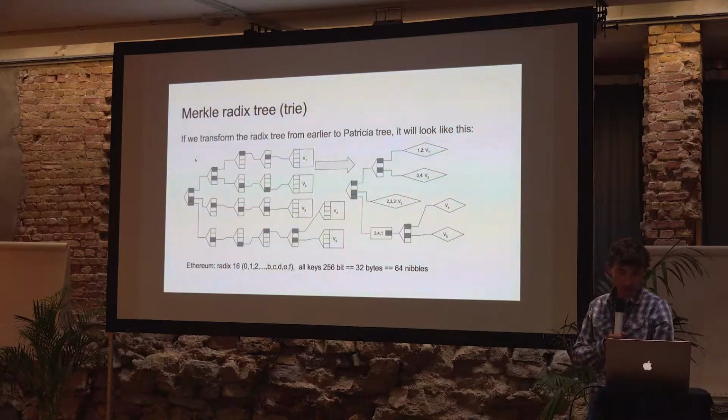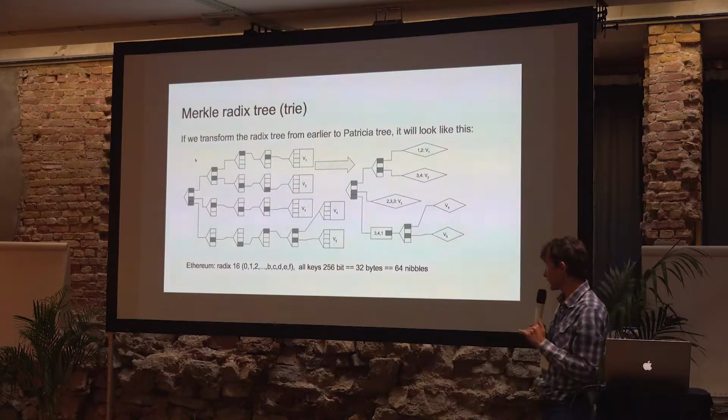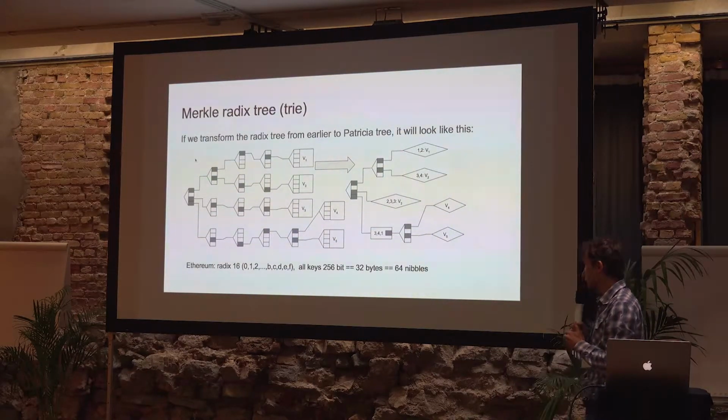As we mentioned, in Ethereum the radix is 16. When we store the actual Ethereum state, we always store keys of 256 bits, which is 32 bytes, which is 64 nibbles.